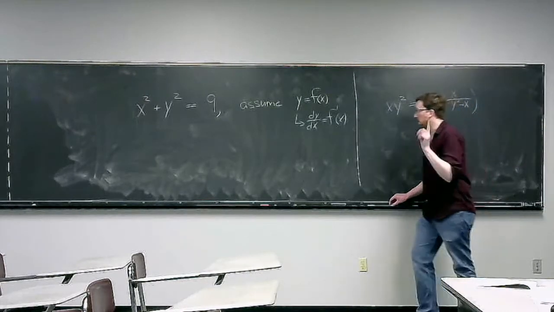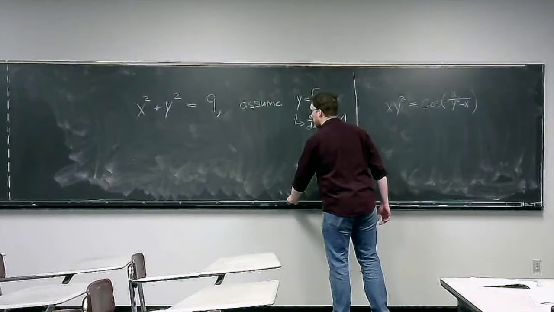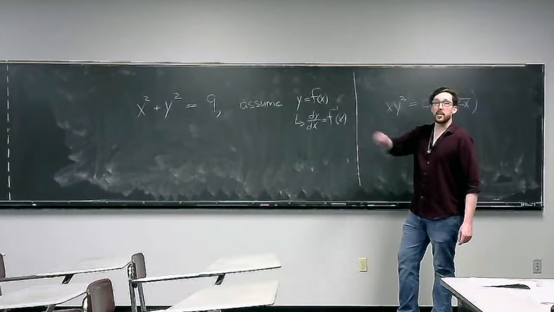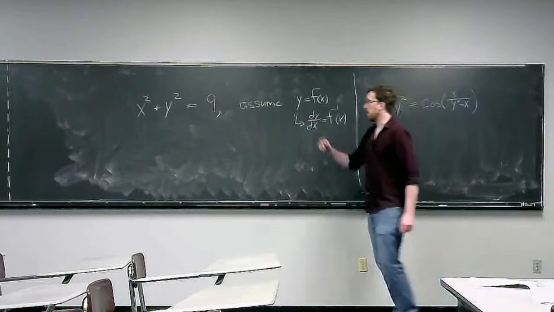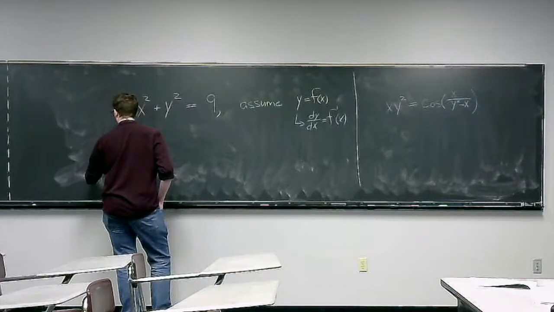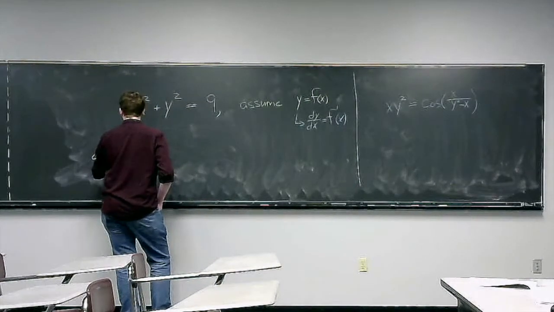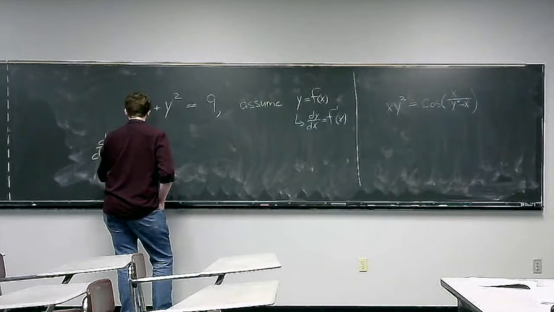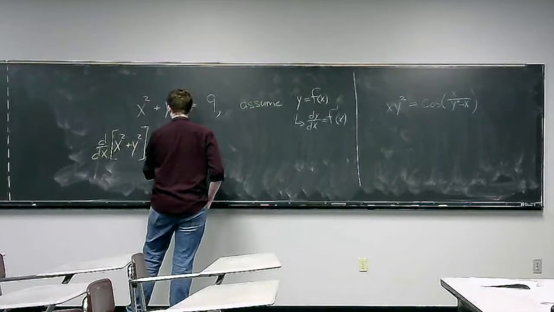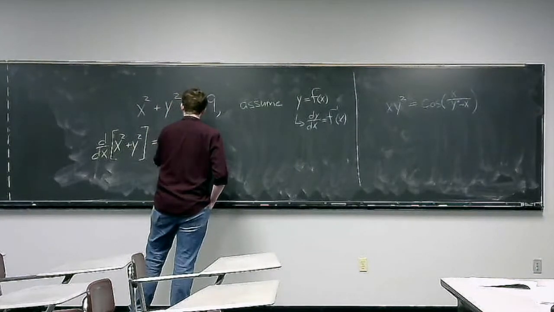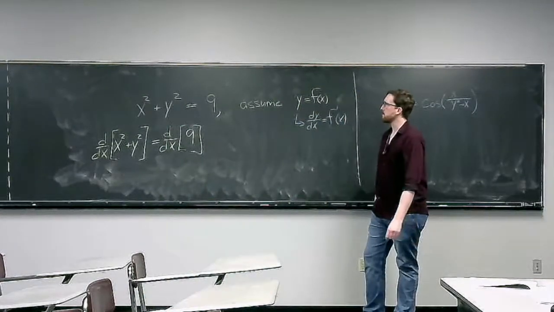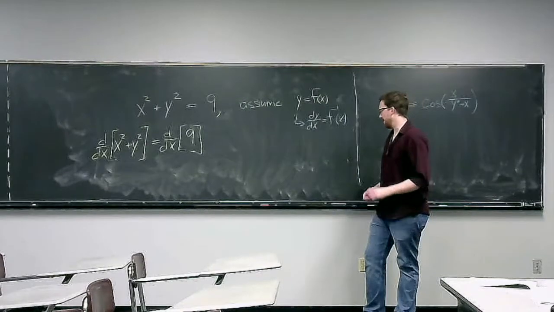Now, with this in mind, what we are going to do to use implicit differentiation is to apply d dx to both sides of this equation. We're going to take d dx of x squared plus y squared. That whole thing is equal to d dx of 9, to which you say, hey, that right side's easy, I know that one, that's 0.